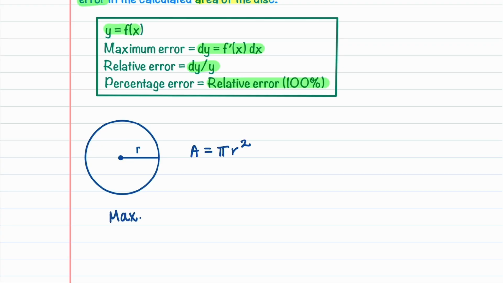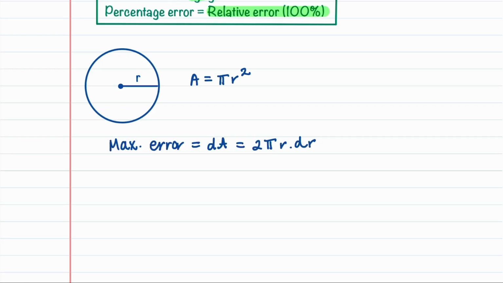So the maximum error is going to be dA. Taking that derivative, we have 2 pi r times dr. We are told that r is 24 centimeters, and then the maximum error in measurement, that's actually dr, and that is 0.2 centimeters.